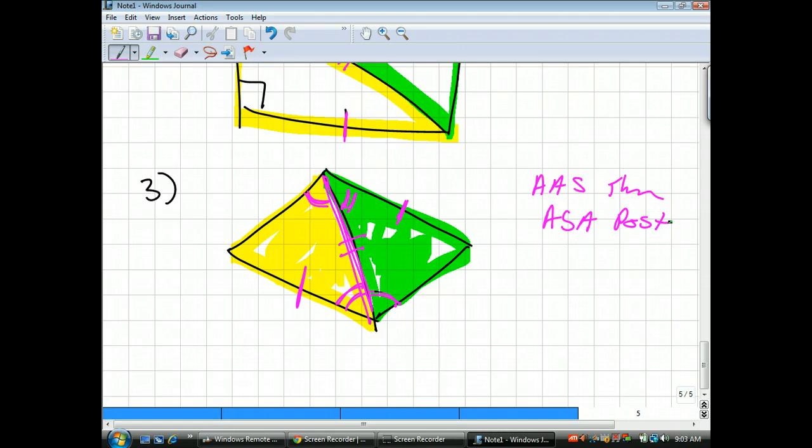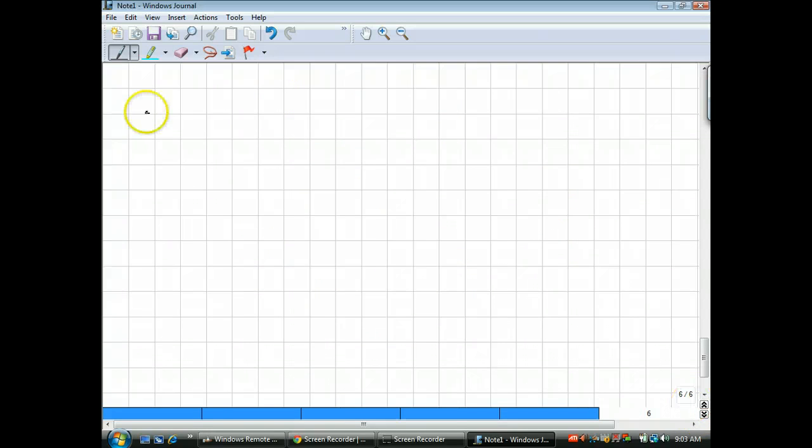And I also notice I have side angle side. So I could also say they're congruent by side angle side. So many times there's more than one way to prove triangles congruent. Let's do one more.